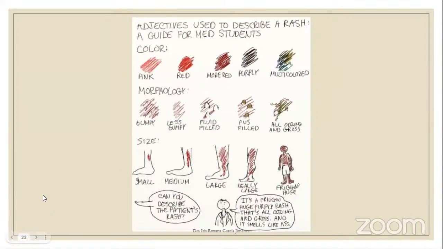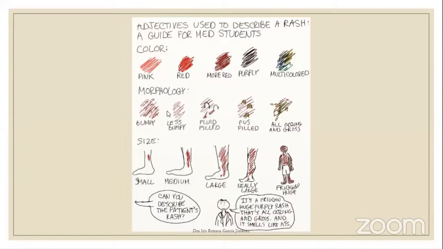This picture, I know it's funny, it's just like a joke, but from these pictures, I got a very good way to describe these situations. For example, in color, we might consider skin lesions if they are pink, red, more red, I mean burgundy, purple, or have lots of colors, right? Multicolored. About morphology, we have bumpy.